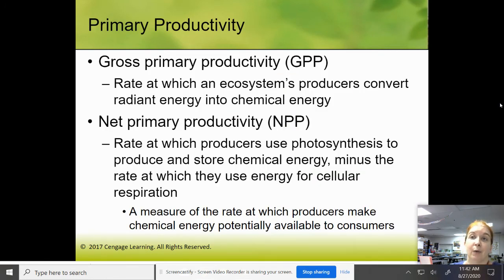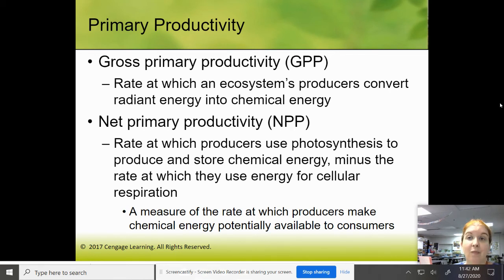Primary productivity: we have two types, gross primary productivity and net primary productivity. Gross is everything. When you get your paycheck, you have your gross pay. This is everything that you have made due to your hourly wage. So this is the rate at which an ecosystem's producers convert radiant energy into chemical energy. How well do plants in that ecosystem turn energy from the sun into sugar to be consumed?